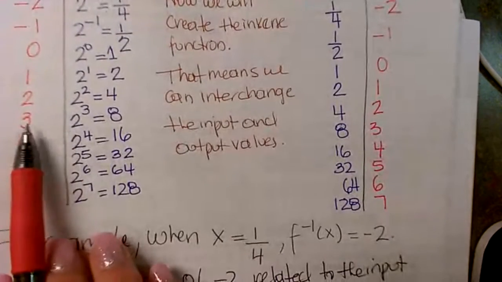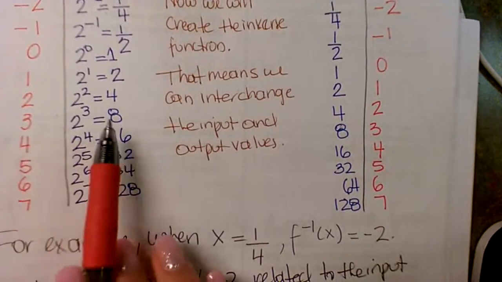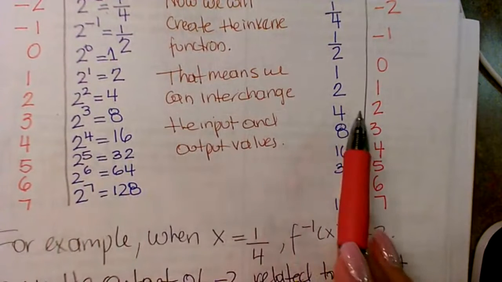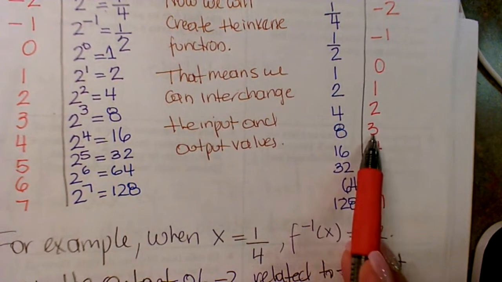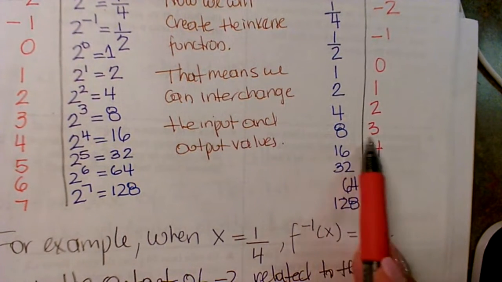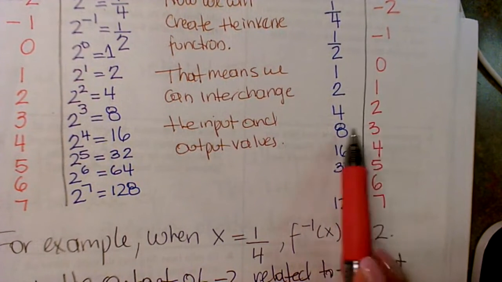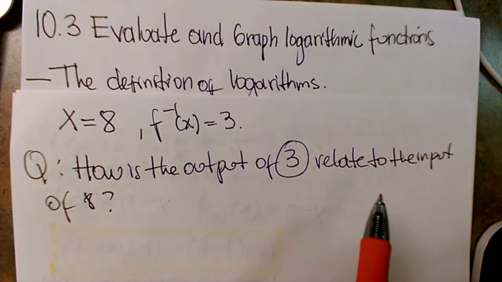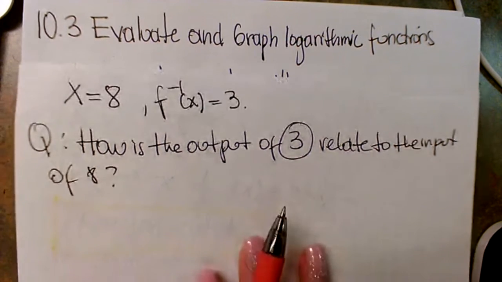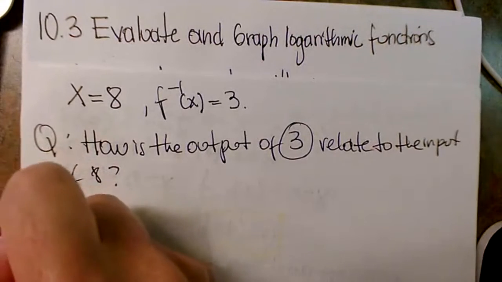Remember, in this one the input was 3, the output was 8. Now the inverse of this one is the input is 8, interchanged, the output is 3. We're looking at this one and trying to find why 3 is related to the input of 8. So here's the answer.